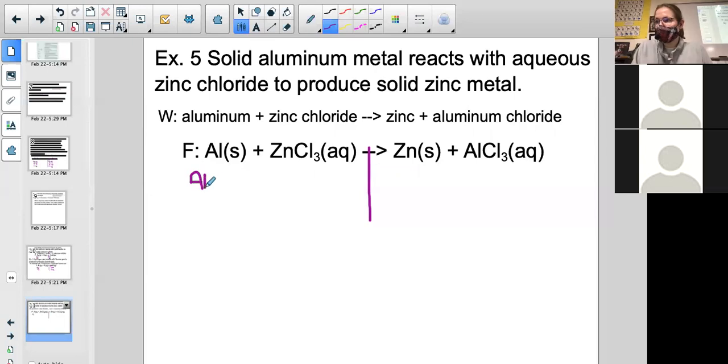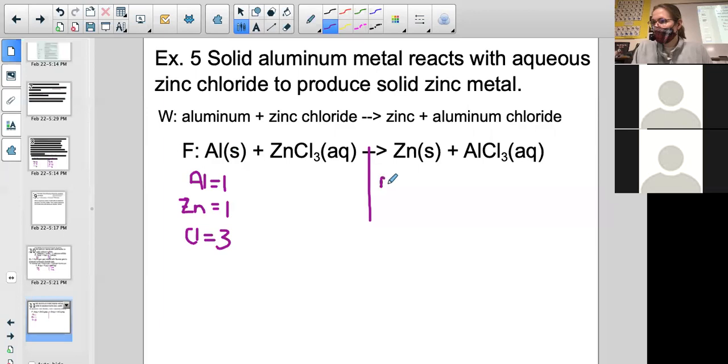Starting with aluminum, I have 1 on the reactant side. The next element listed is zinc, and we have 1 listed there. The next one is chlorine. It's 3.